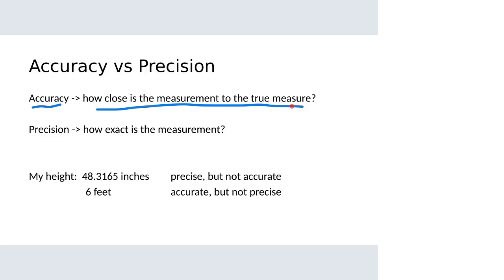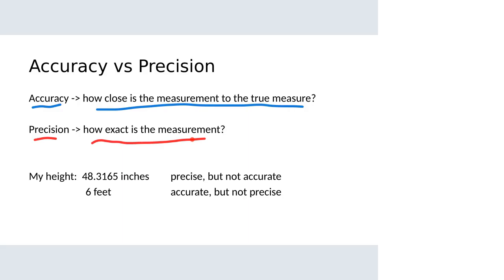And then precision is more based on the instrument you're using to do your measurement. How exact is the measurement? What kind of tool did you use to measure this? Did you use a yardstick and find it in inches, or did you use cubits going from your elbow to your fingertip? One of those is going to be more precise than the other.